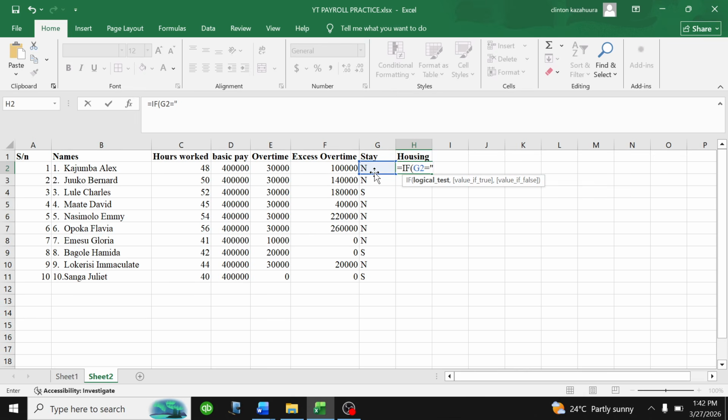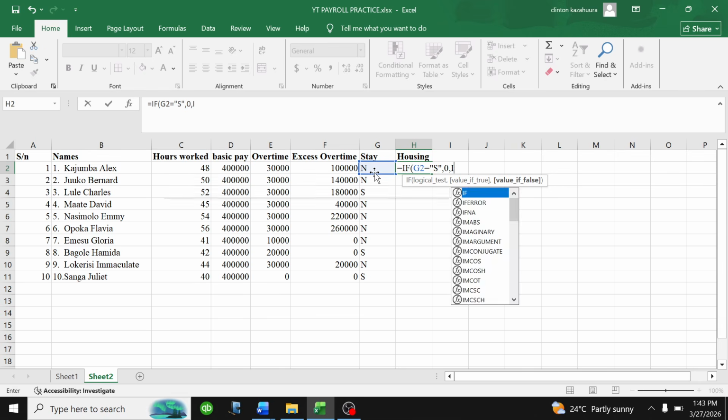So if the staying status is S, I close this, then automatically we shall give them 0 because we have said those who stay in the university we are not going to give them.